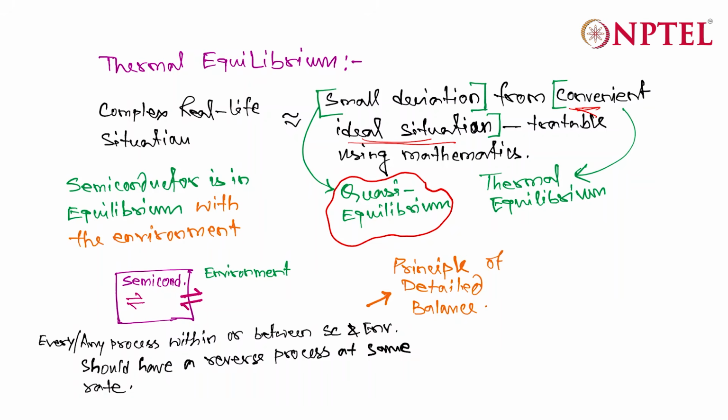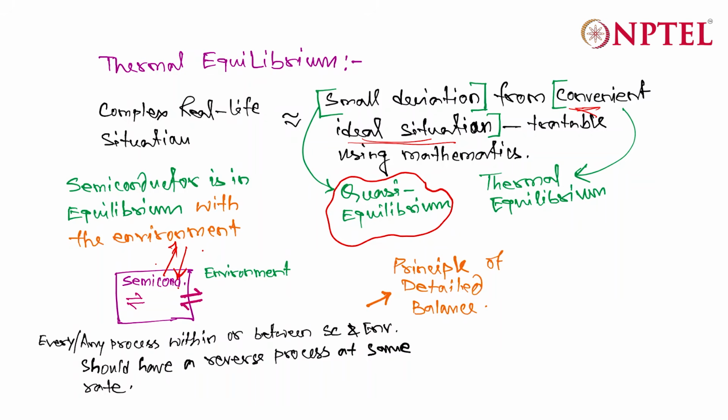So we call a semiconductor in equilibrium with the environment when whatever process is happening inside the semiconductor or outside the semiconductor, it should have a reverse process at the same time. What does that mean? If a semiconductor is in equilibrium, the processes going on between the environment and the semiconductor should all have a reverse process at the same rate.